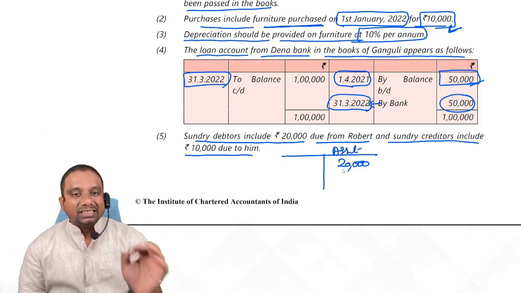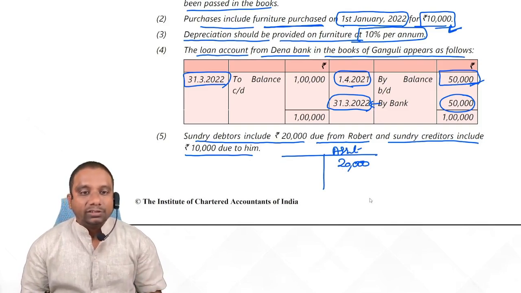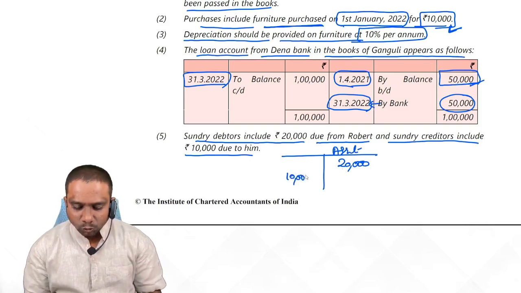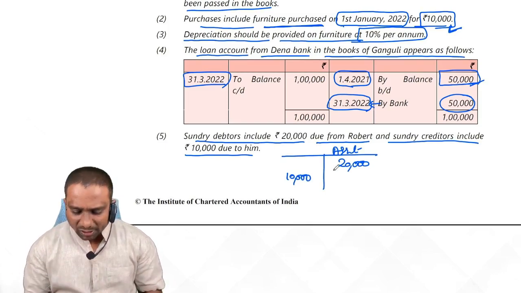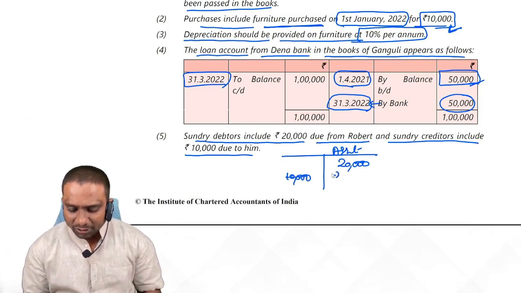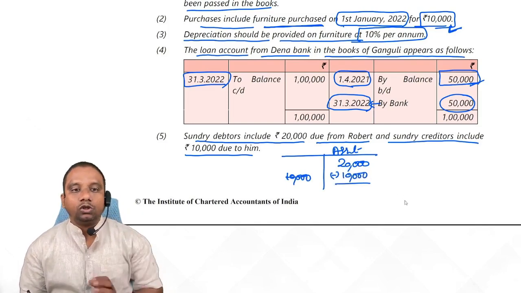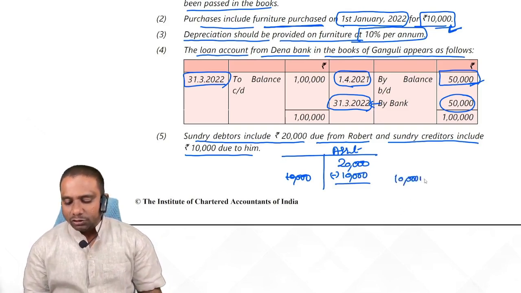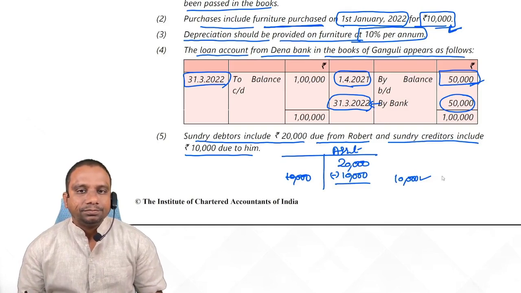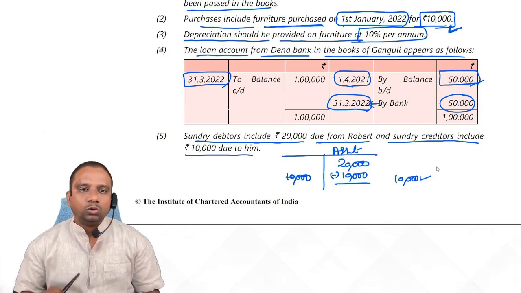But to the same person we have to pay 10,000 rupees. Instead of showing like this, simply from 20,000 rupees I will deduct 10,000. The remaining 10,000 rupees I will show on the other hand. Is it clear?